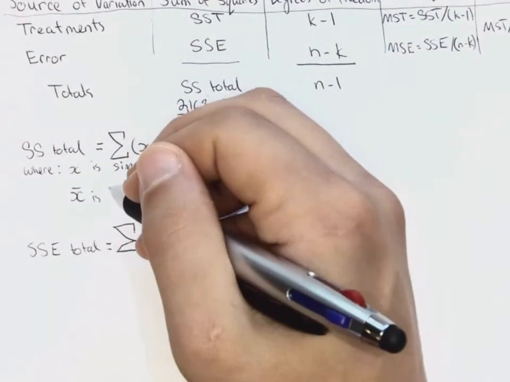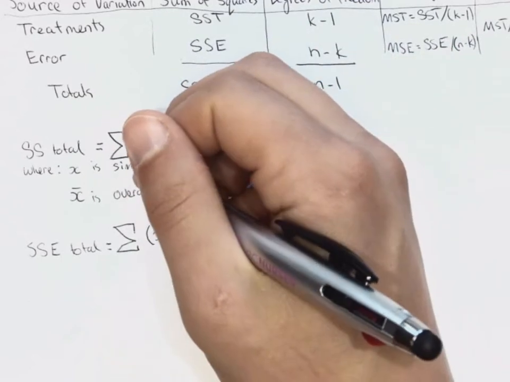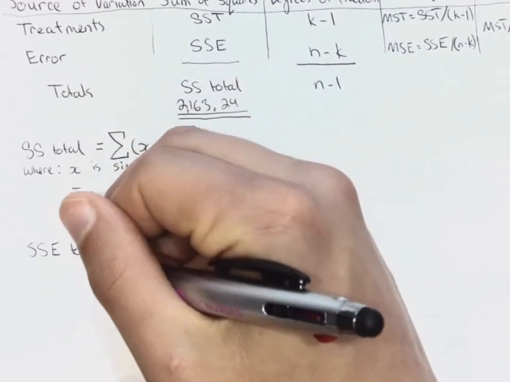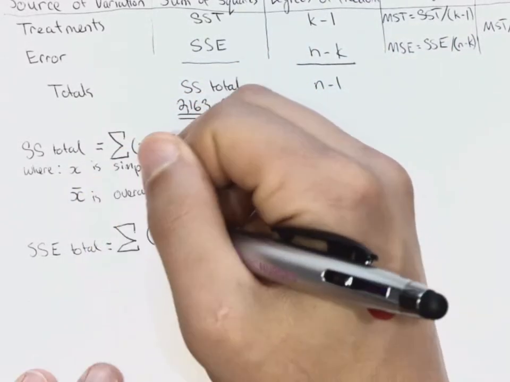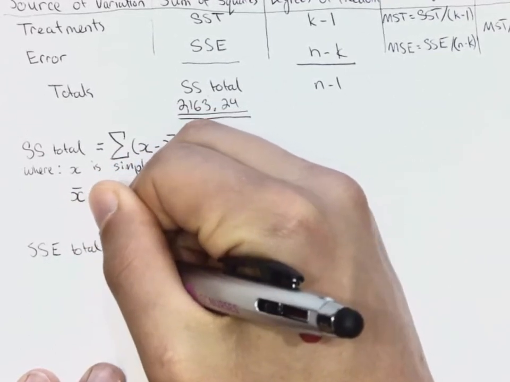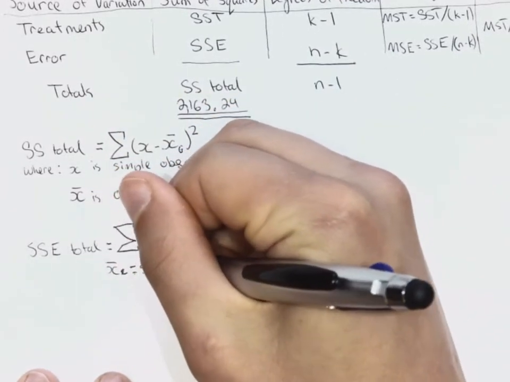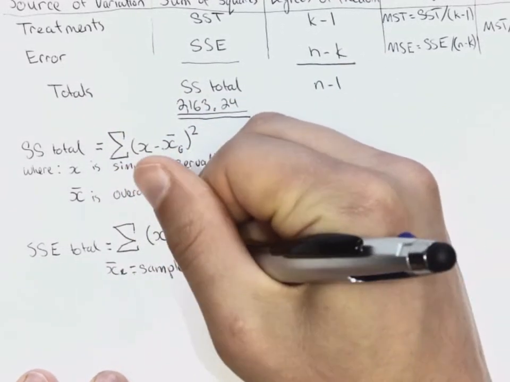So in this case, our X is the observation, simple observation, and X bar is the sample mean from that treatment or that column.